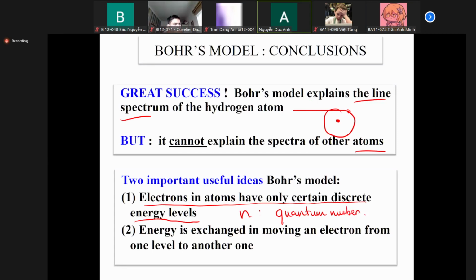This means that when an electron moves from the first level to the second level, it will absorb or emit energy. So there are 2 important ideas from the Bohr model. The other idea, that the electron is moving at an identical distance from the nucleus, is wrong.